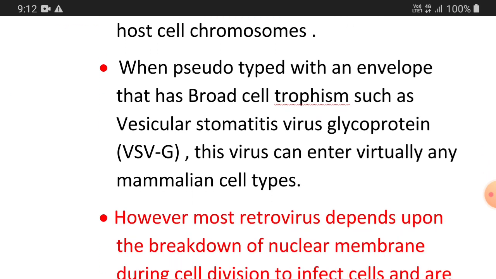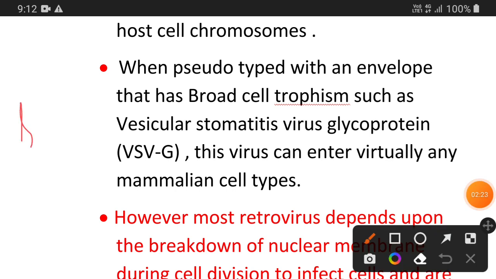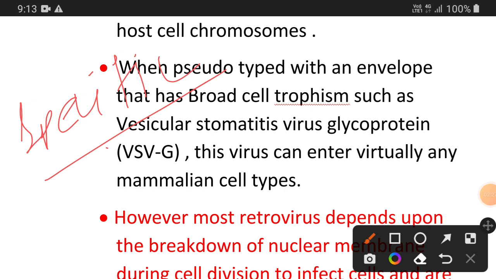Now I want to mention that retrovirus is a specific type of virus. That means it can infect only specific types of cells.